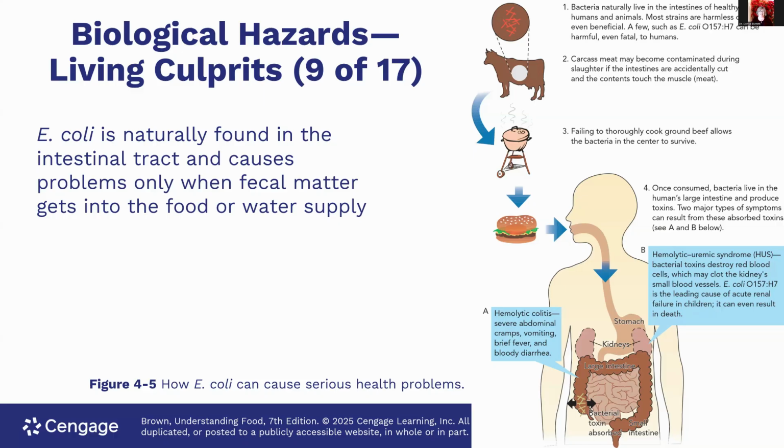B, the hemolytic uremic syndrome. Now you have bacterial toxins destroying red blood cells. That may clot the kidney's small blood vessels, and this can lead to acute renal failure in children. It can even result in death.